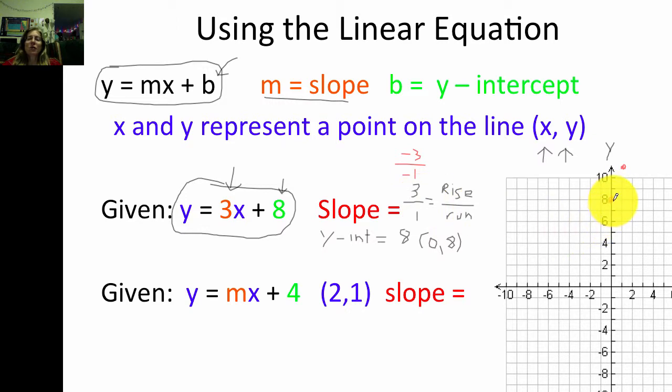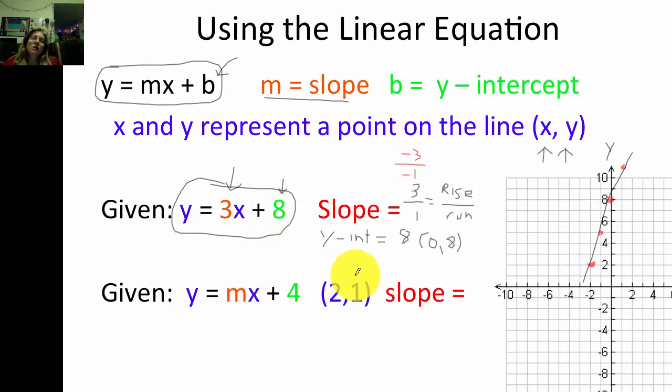So I start on that point again and go the opposite direction. Down 1, 2, 3, to the left, 1. And it gives me more points. I can draw this line. And I did that. I made a whole line and we were just given this information here.